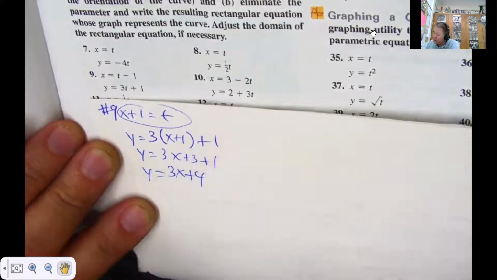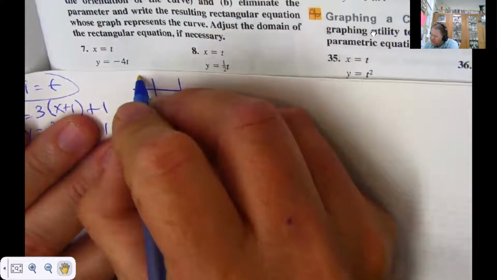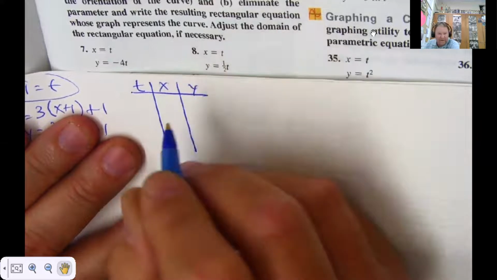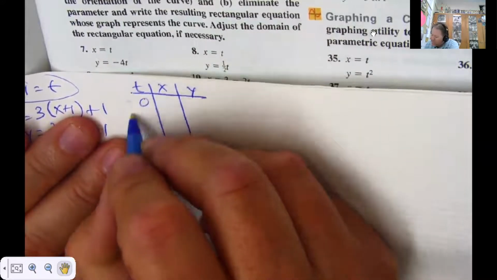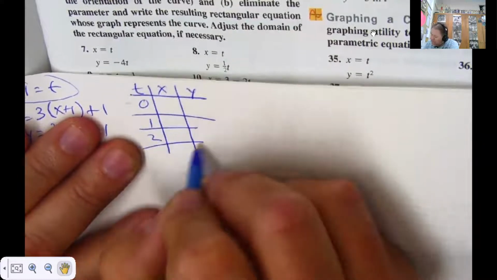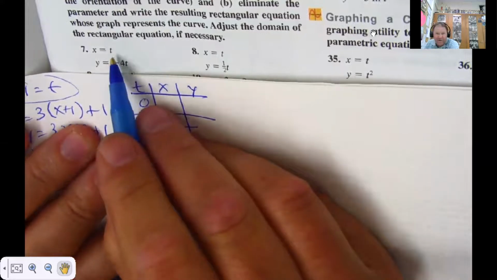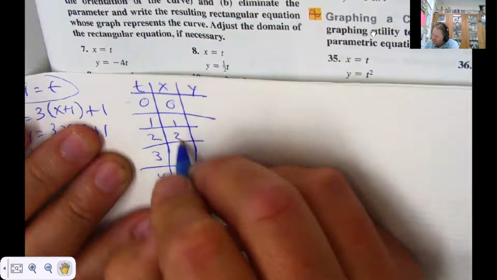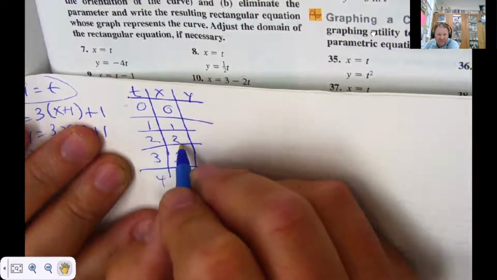This is a line. Let me show you how I showed you to do this in the lesson. If you watch the lesson videos, I said you make a t, x, y table, and you start picking values: 0, 1, 2, 3, 4. Let's go to 4. You start substituting in values for t. With t and x the same, t is 1, x is 1, t is 2, x is 2, and so forth.